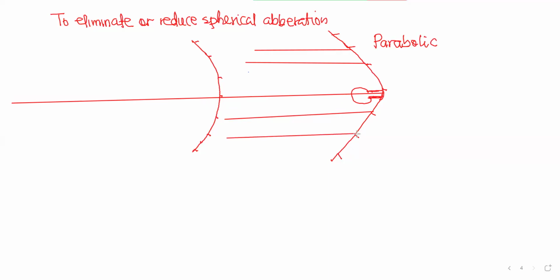We wouldn't have a situation where we'll have two principal focus. So when it is shaped, all reflected rays will still converge at a common point. No matter whether it is marginal or axial, you have a common principal focus for all of them.